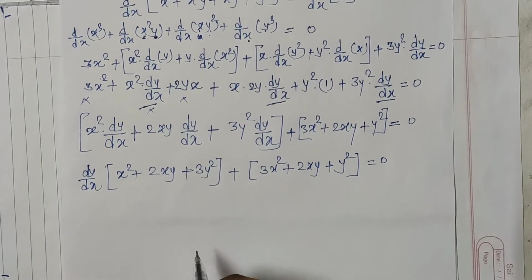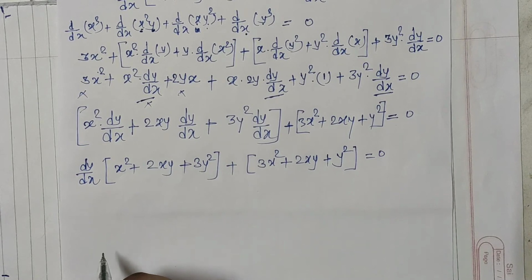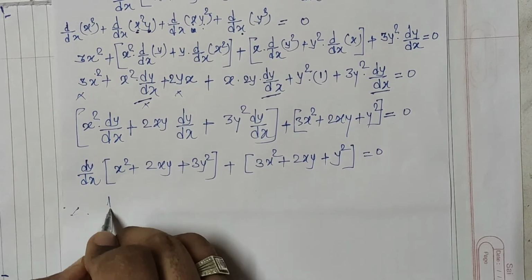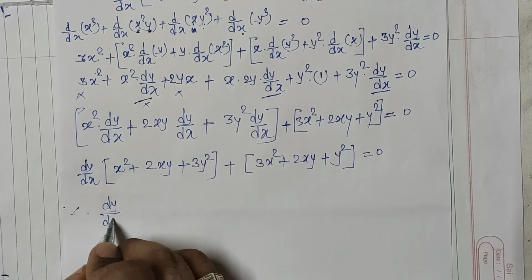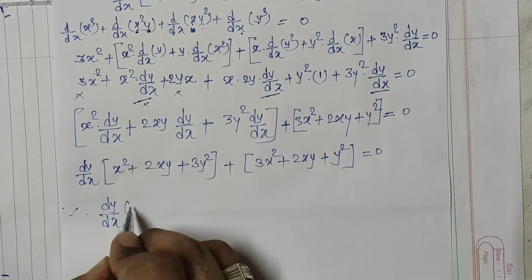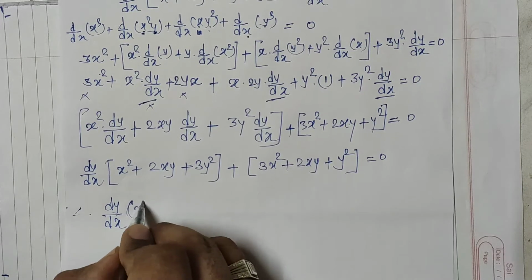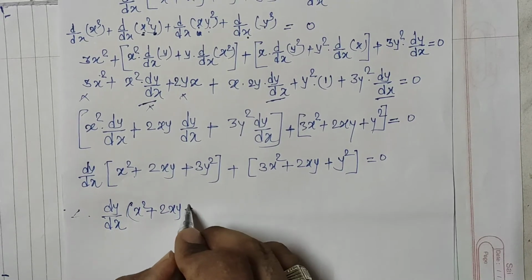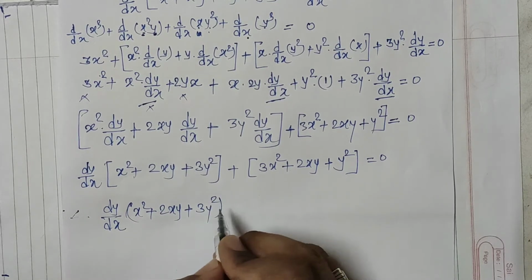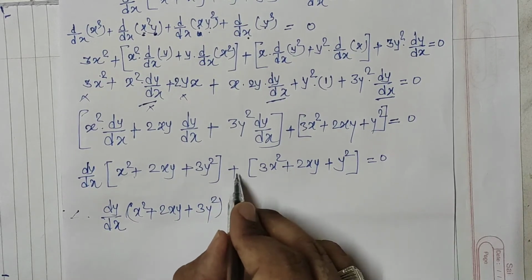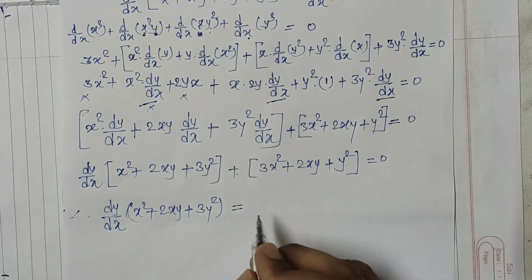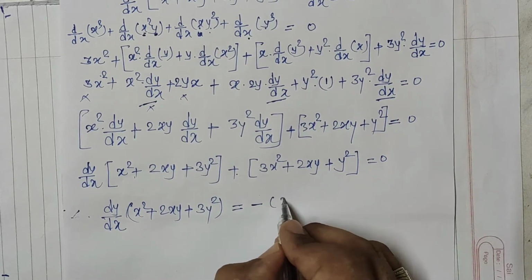The next step is only to solve for dy upon dx. Therefore here we can find only which form? dy upon dx form. Therefore this term as it is, which term? x square plus 2xy plus 3y square as it is, equal to, here is plus sign. If we move this full bracket term to the right side, it becomes minus.